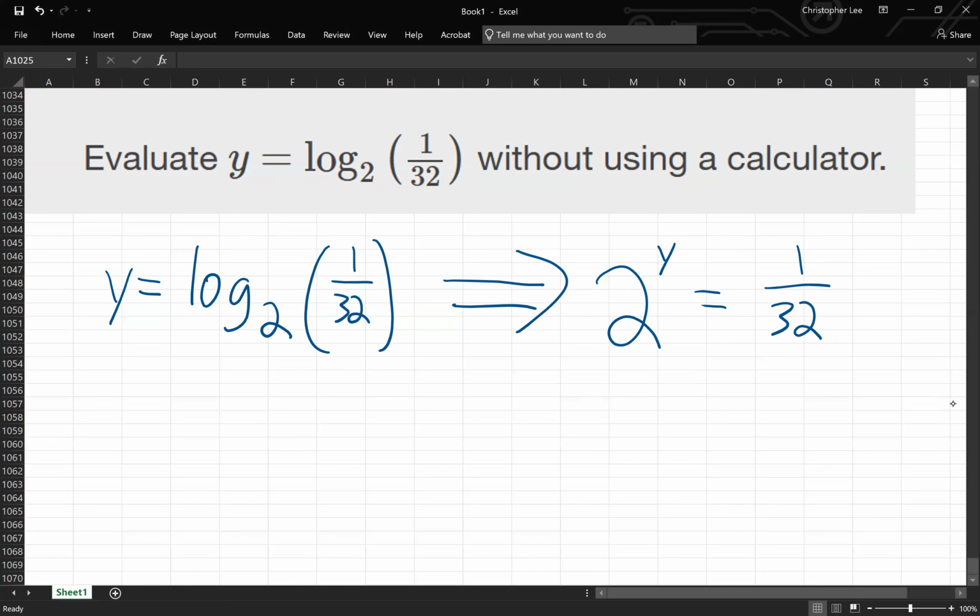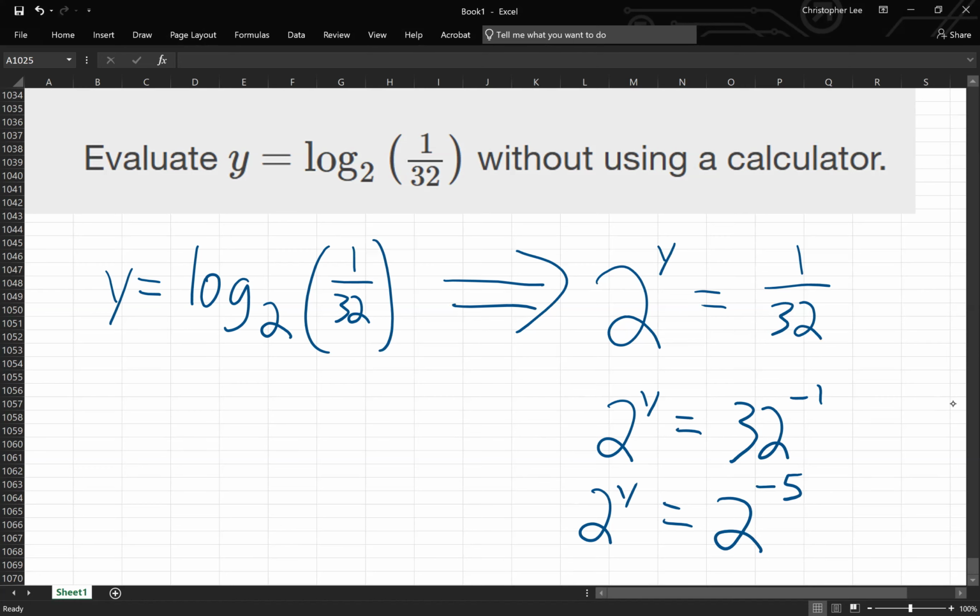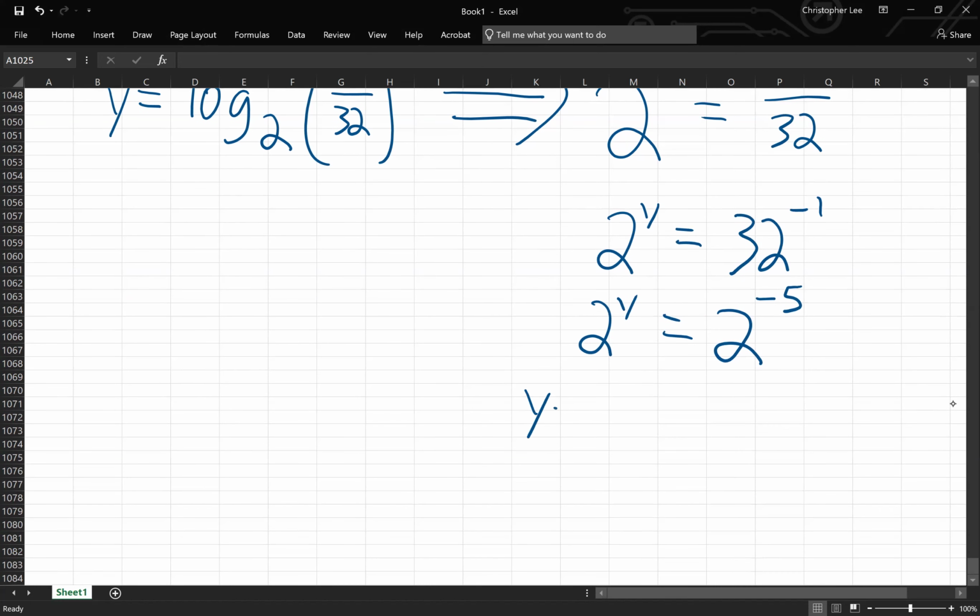Negative 5. Yeah, because 2 times 2 is 4, 4 times 2 is 8, 8 times 2 is 16, 16 times 2, 32. So 2 to the y is equal to 32 to the -1 power. And then 2 to the y is equal to 2 raised to the -5 power. So y equals -5.